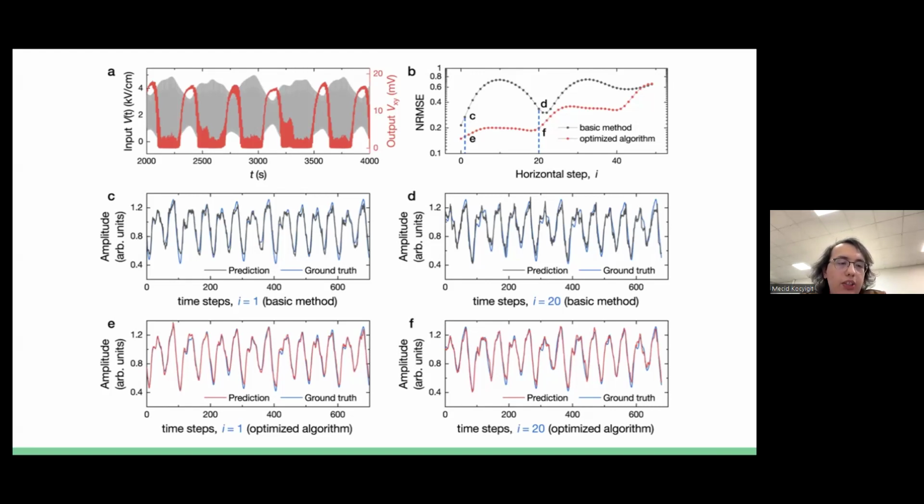The number of steps between the future time step and the current time step is defined as the prediction horizon step and denoted by I. Of course, the matrix we trained is different for different values of I.